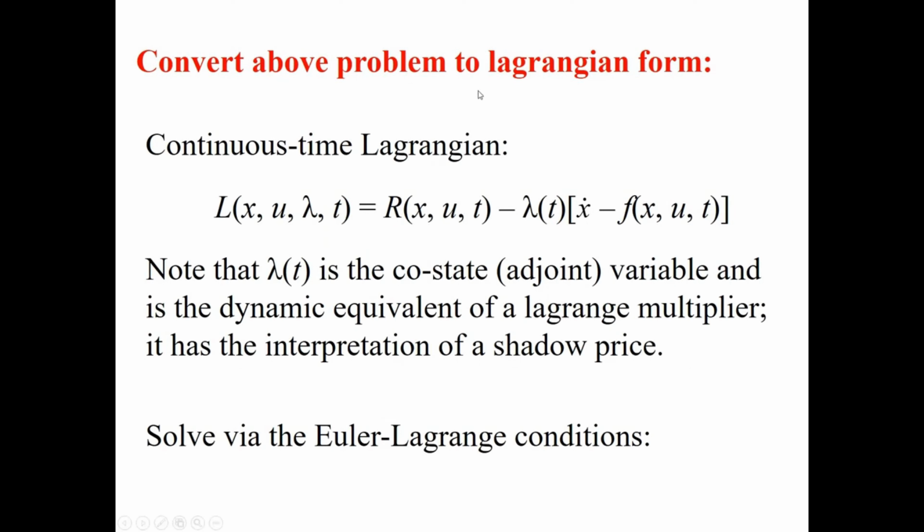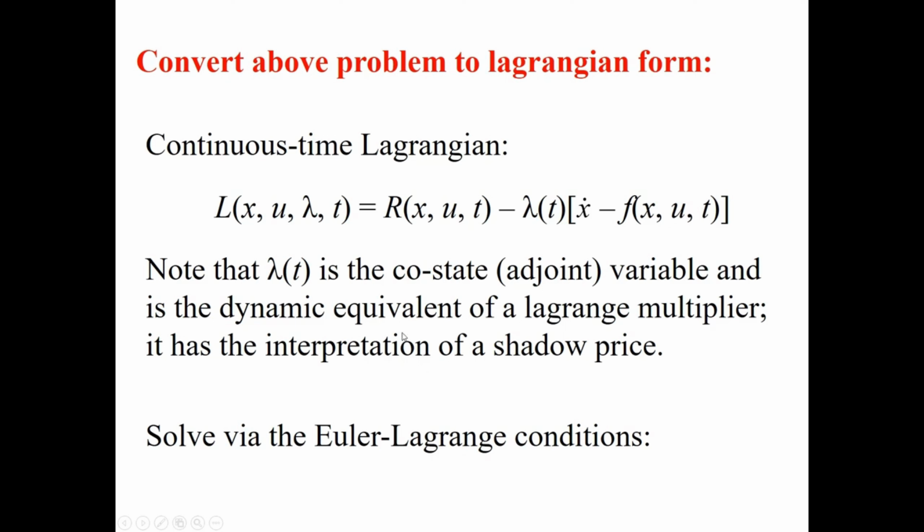Now we want to convert the above problem to a Lagrangian form. The continuous time Lagrangian looks very much like the Lagrangian does in discrete time, and that is that the Lagrangian is a function of the state variable, the control, the co-state variable or adjoint variable, time, and it's given by the objective, which was r, minus lambda times x dot, the left-hand side of the equation, the dynamic constraint, minus the right-hand side, all right, the growth, which was given as a growth function minus harvest.